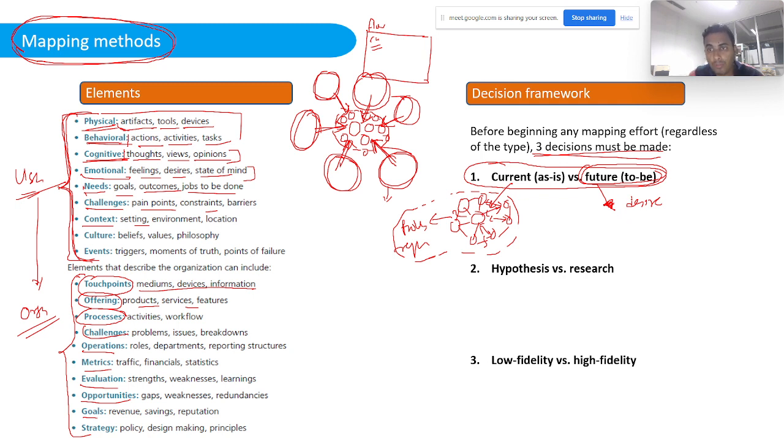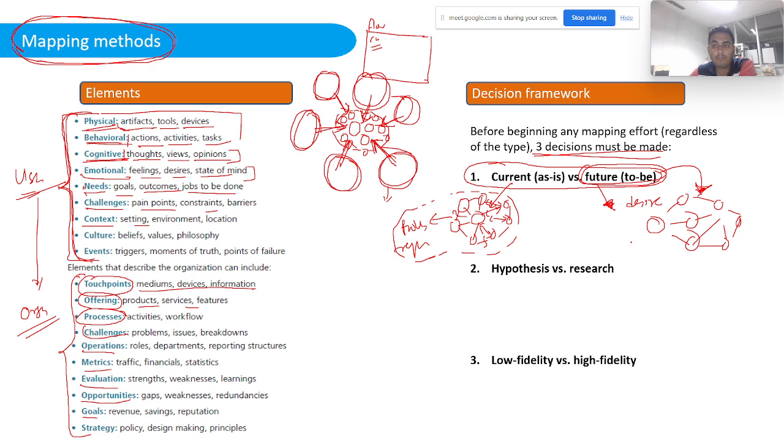But those are also useful when we map something about a user, about various tasks or workflow. And when we map those from the perspective of what should be the desired one, then probably you can consider the scenarios which are future scenarios or desired scenarios.